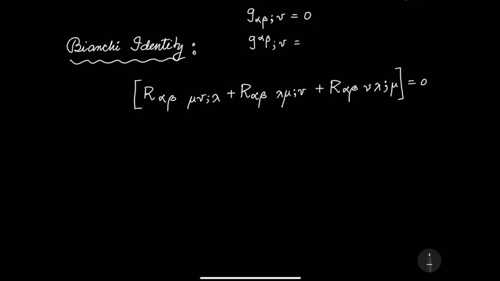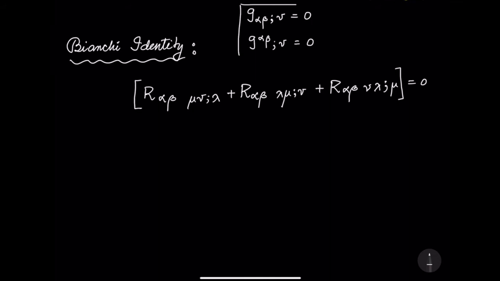Well, this is also 0, because the metric with the upstairs indices depends entirely on the metric with the downstairs indices. So if I want to take the covariant derivative of g with the upstairs indices, it will eventually boil down to taking derivatives of g with the downstairs indices, and then it will be 0.